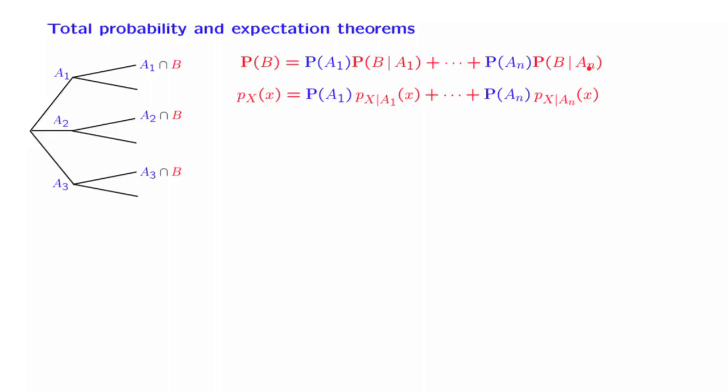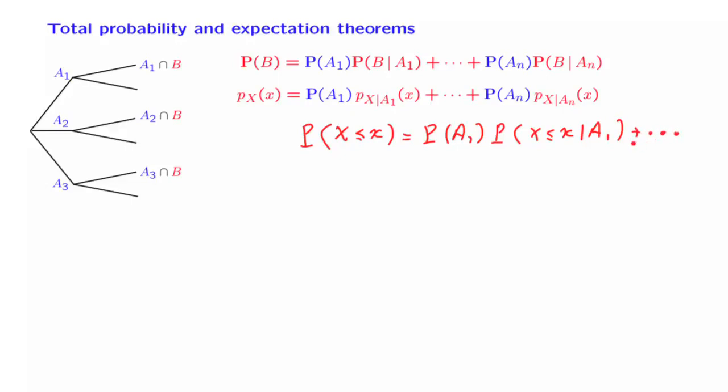Let x be a continuous random variable, and let us take b to be the event that the random variable takes a value less than or equal to some little x. By the total probability theorem, this is the probability of the first scenario times the conditional probability of this event, given that the first scenario has materialized, and then we have similar terms for the other scenarios.